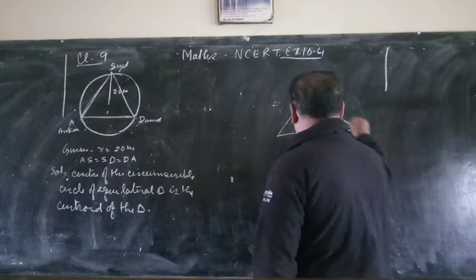Here, the centroid is the point of concurrence of all medians of a triangle, and the centroid divides a median in the ratio 2:1.